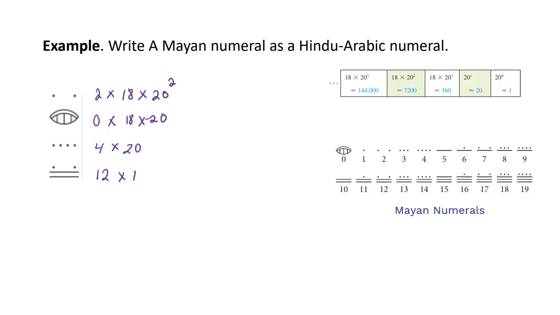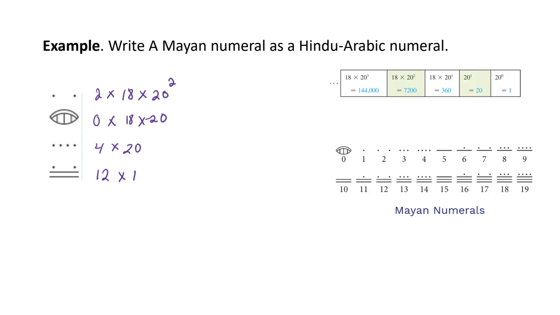So now going on to the top right, looking at the place values. As I mentioned, the ones is going to be on the bottom, the 20s is going to be on the next level. And then the Mayans actually incorporated multiplication by 18.